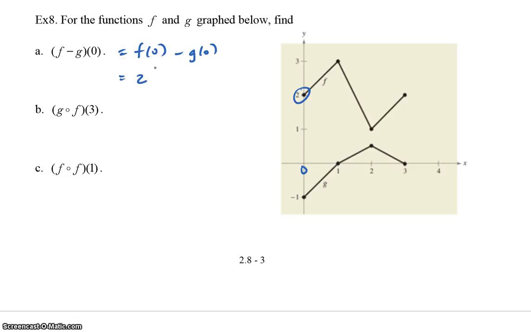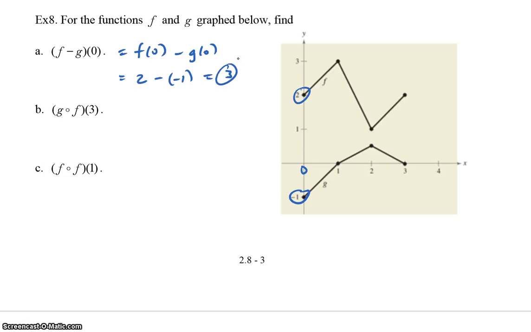Similarly, g of 0 is the y-coordinate corresponding again with x equal to 0, but using the graph of g. In this case, we can see that that y-coordinate is negative 1. So g of 0 is negative 1, and 2 minus negative 1 is 3. So f minus g of 0 equals 3, just referring to the graphs of f and g as shown.